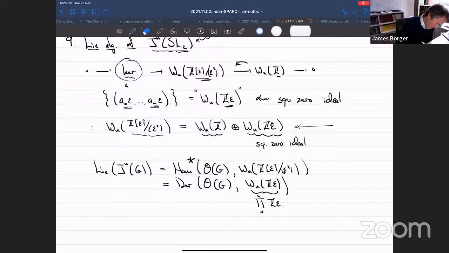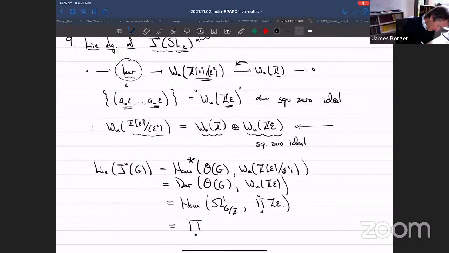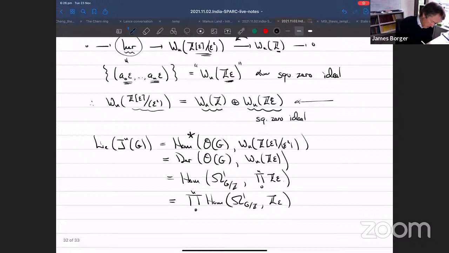And so homomorphisms, maybe I should write it this way, these are the homomorphisms from the differentials into there, and this is just a product of n copies of the homomorphisms of the differentials into Z, and this is just the usual Lie algebra. So this is just a product of n+1 copies of the Lie algebra of G. So okay, that's very trivial.